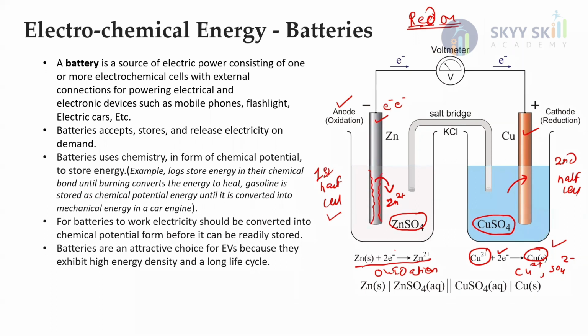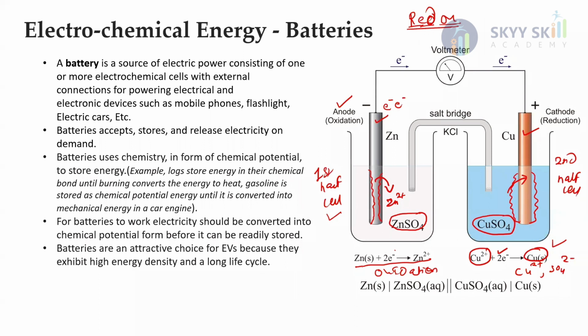The zinc metal is becoming an ion by losing 2 electrons, while copper, on the other hand, is accepting 2 electrons and getting deposited on this electrode. So after some time, the copper will be deposited on this electrode. Clear?